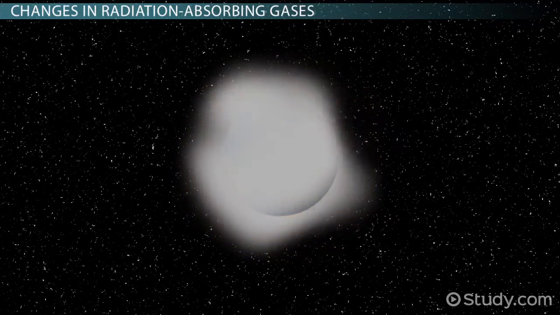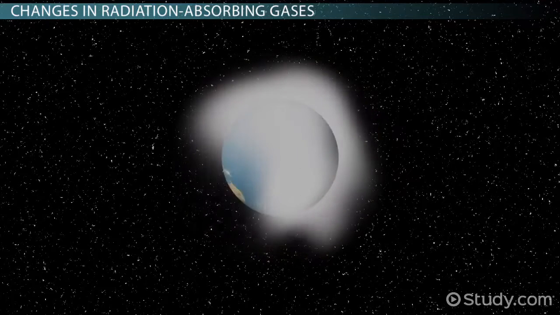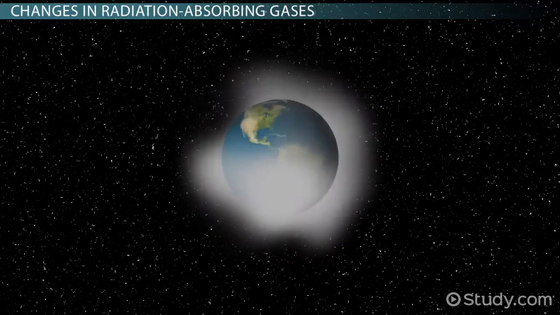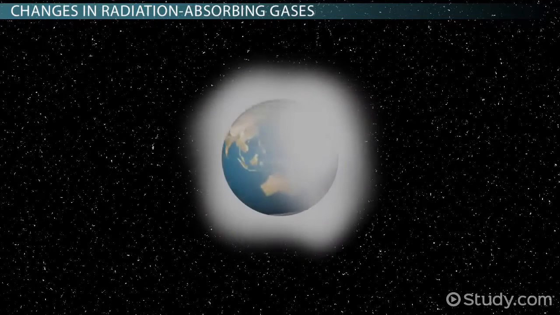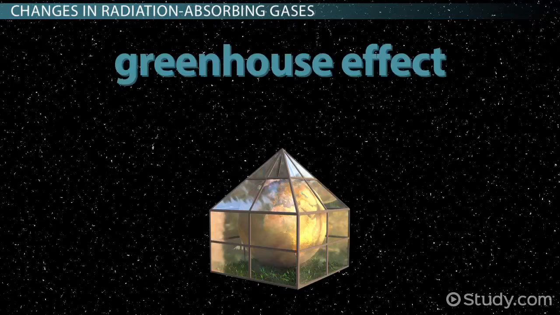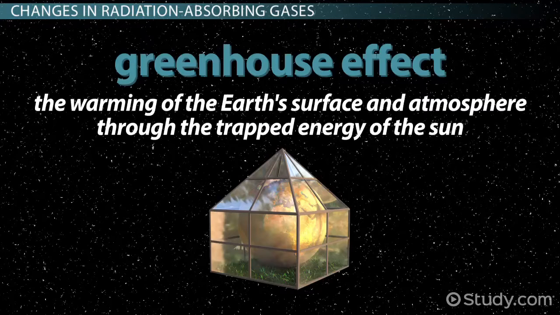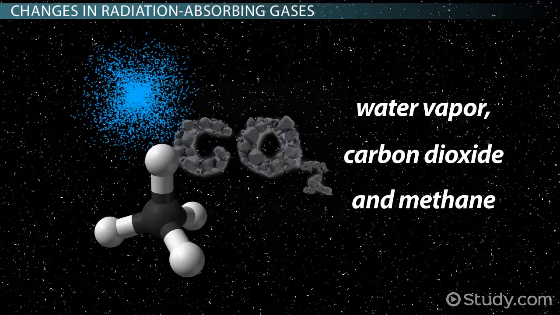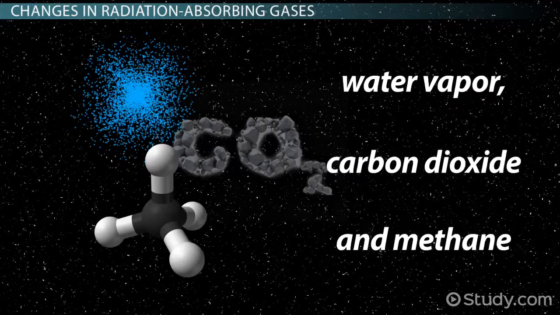These same gases that just let the sun's radiation through now reflect the longer wavelength radiation back to Earth, trapping the warmth within the atmosphere. This is known as the natural greenhouse effect, the warming of the Earth's surface and atmosphere through the trapped energy of the sun. These natural greenhouse gases include water vapor, carbon dioxide, and methane.